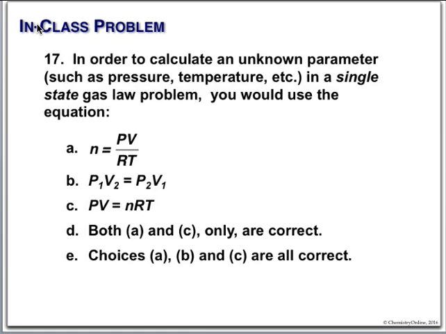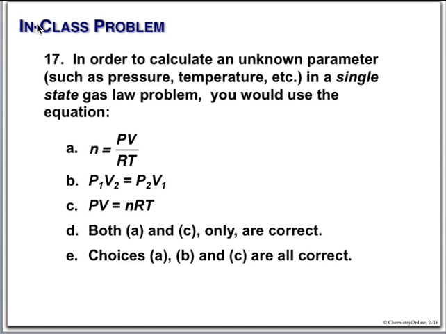All right, gas laws again. We are trying to calculate an unknown parameter. What parameters do we have to work with? Pressure, volume, number of moles, temperature. Those are the things that we work with in the gas law, right?